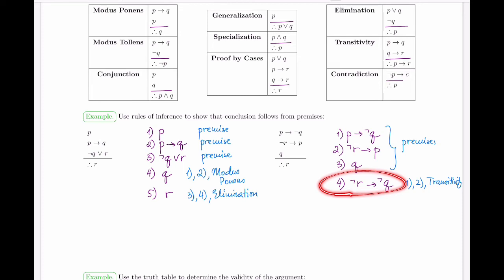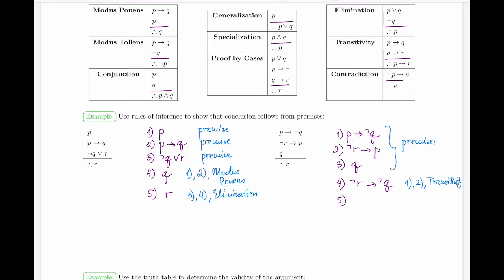Remember that the contrapositive is logically equivalent to the implication. Now, I know it's not listed as one of the tables, but that is a rule that we've already proven to be true, so we can use that as well. Let me use that because it doesn't appear as rules of inference above, but I want to make sure that you know that everything that we know is valid up until this point is still valid right now.